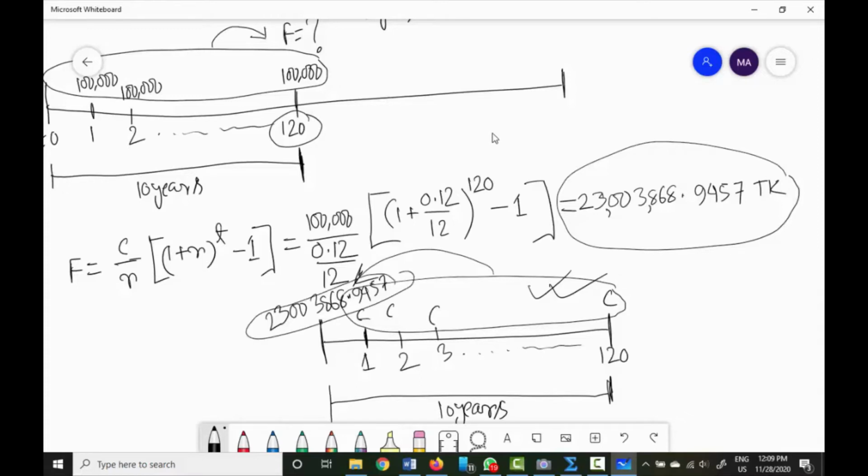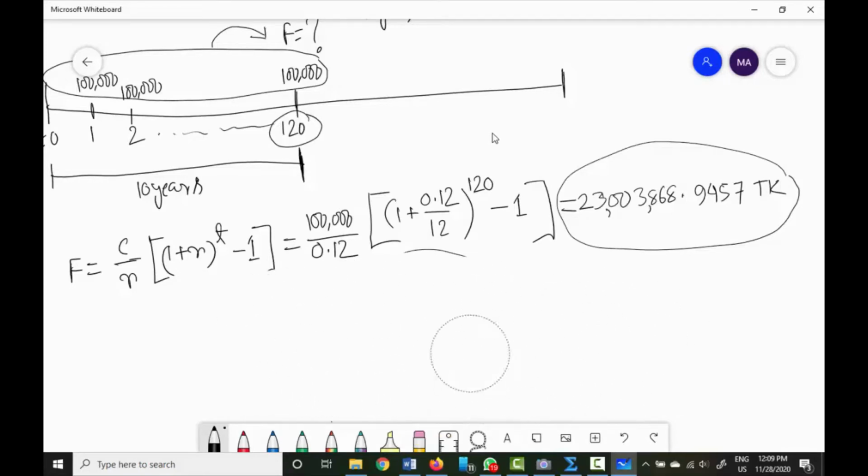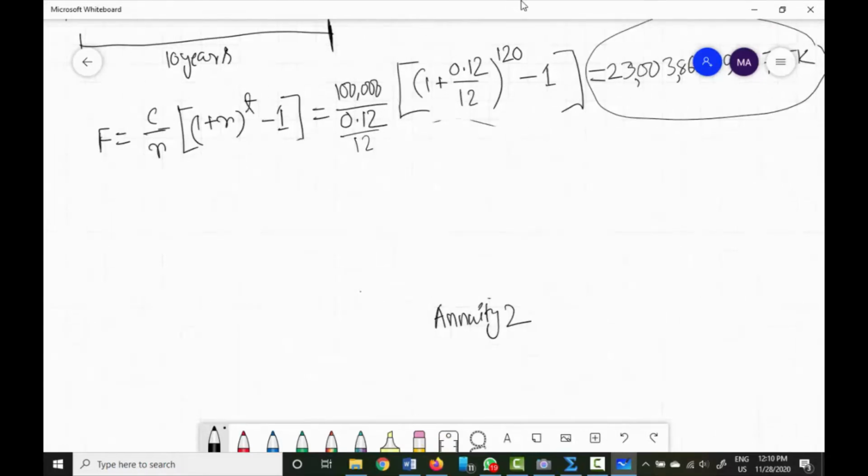So let me draw the graph again. First of all, this is annuity 1.